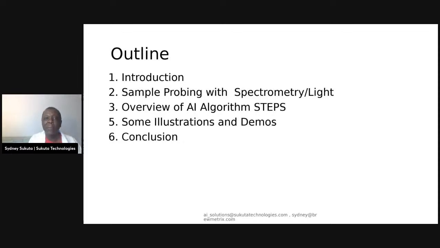First, we're going to talk about how we extract data out of a sample, in this case, let's say a water sample or a beer sample. And then next, I'll talk about once the data is available, what does the AI do? Number three, the steps we take to acquire the data and make sense out of it. And then number four, we'll go ahead and do some illustration demos. You can see how these methods are used. And then we conclude. Okay, great.